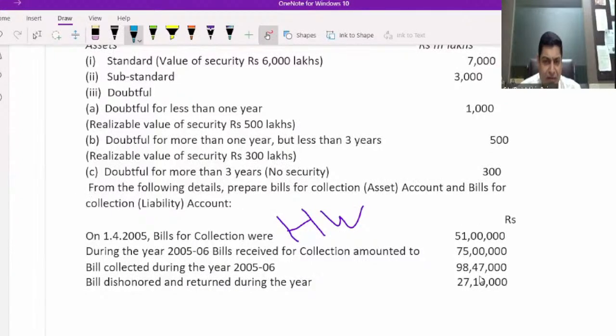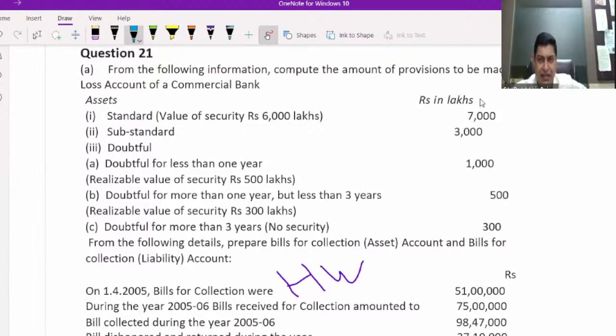This last four amount is your homework, which we did in our second session, sorry. From this last four amount we need to prepare bill for collection assets and bill for collection liability. So this last four amount is your homework, but at present we are doing this A portion. This is B. So from here, it is your homework.